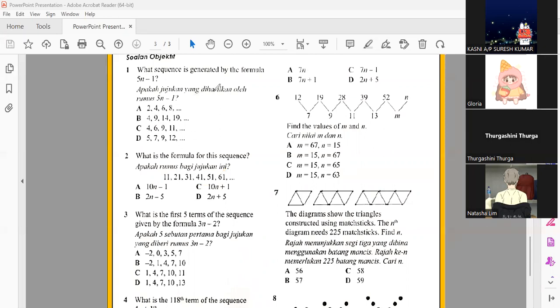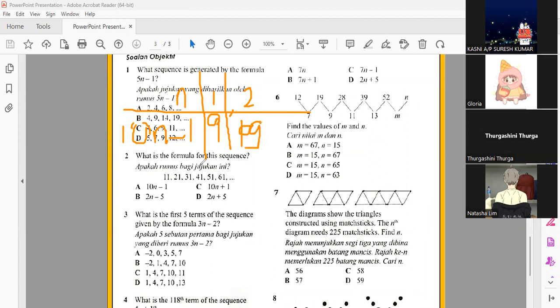If n is 1, according to the formula, 10n minus 1 is how much? So 10 times 1 is 10. 10 minus 1 is 9. It should be 9. That is the first answer. Go with one more. If n is 2, so 20 minus 1 is 19.